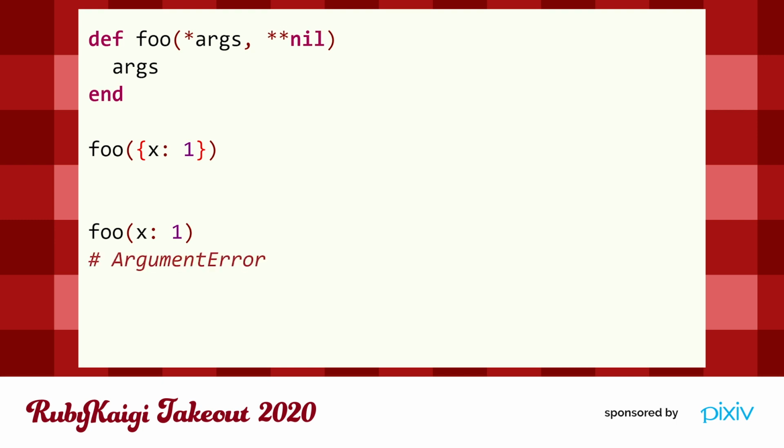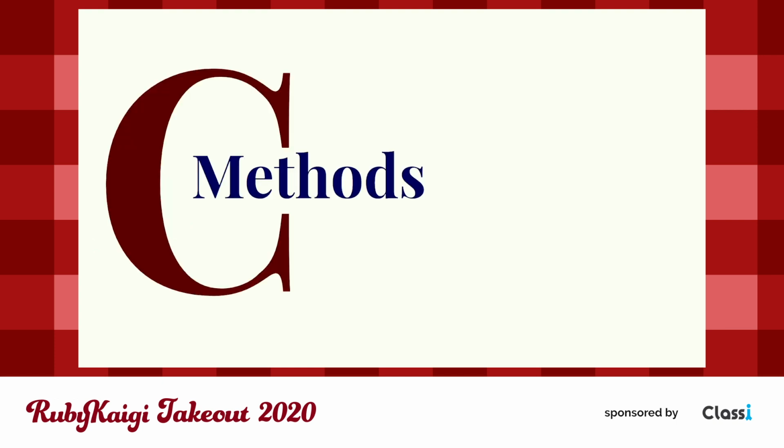This will make using keywords with this method raise an argument error. However, using a positional hash argument will still work correctly even in Ruby 2.7. Now, Ruby 2.7 does not automatically convert this hash to keyword arguments because we don't need to worry about backwards compatibility with Ruby 2.6, as the **nil syntax is not valid in Ruby 2.6.